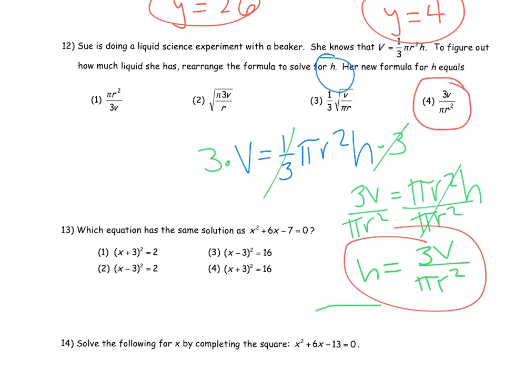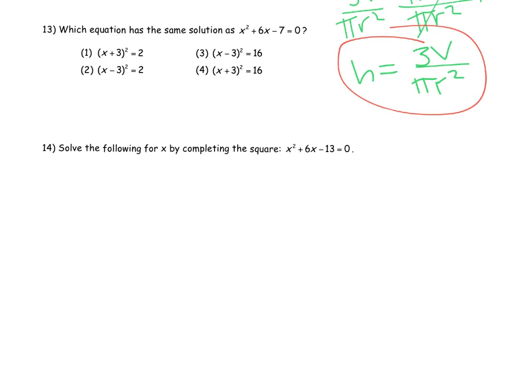All right, let's finish this up. Just to save us some time, a question like 13 is a multiple choice question. There's a question just like this on your test. You should be putting this into the calculator. Graph this. Get all 4 of these answer choices set equal to 0. So your first answer choice should really be x plus 3 squared minus 2 equals 0.